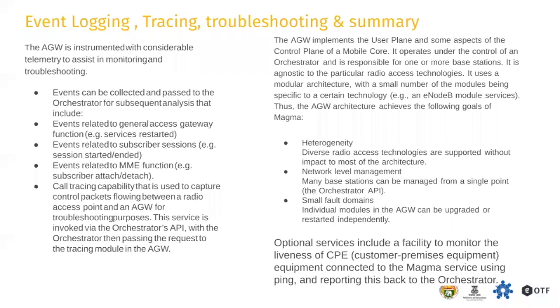So either to the device or to the user or to the application or to any of those IDs, including APN and all, it will be able to determine and provide the necessary connectivity detail and tracking the details through the orchestrator API. So these are used for troubleshooting, as you know.